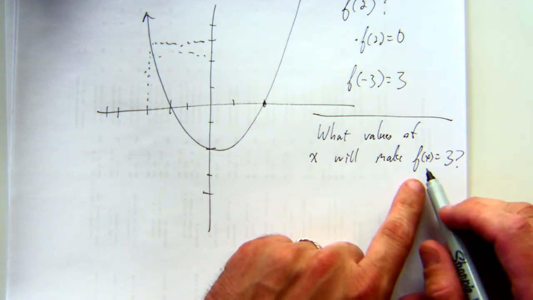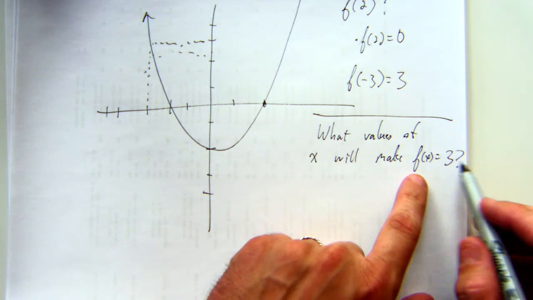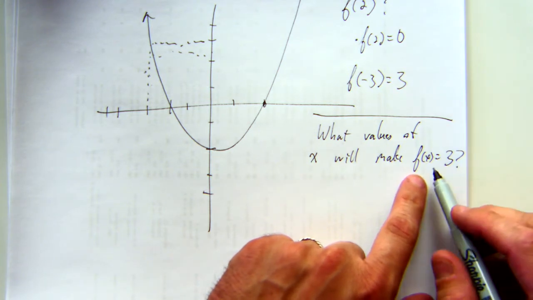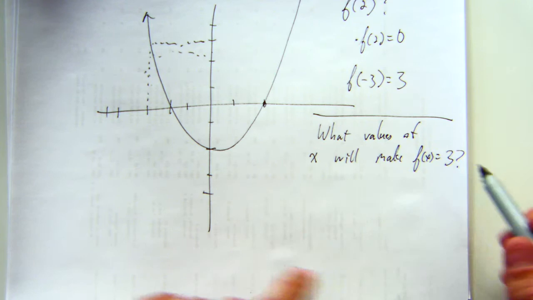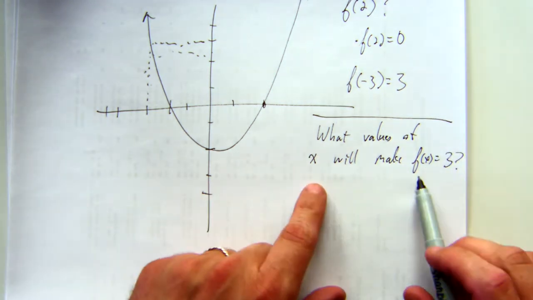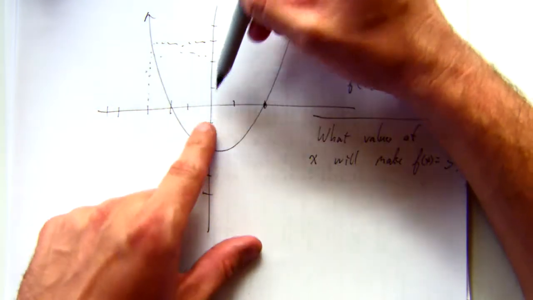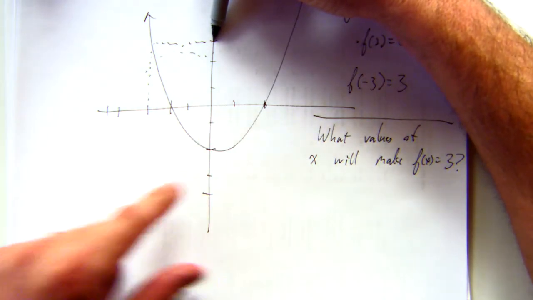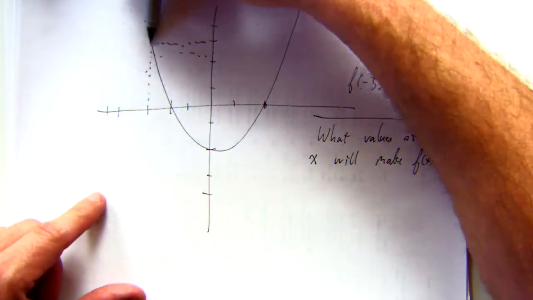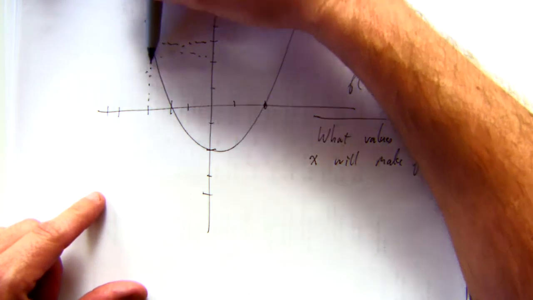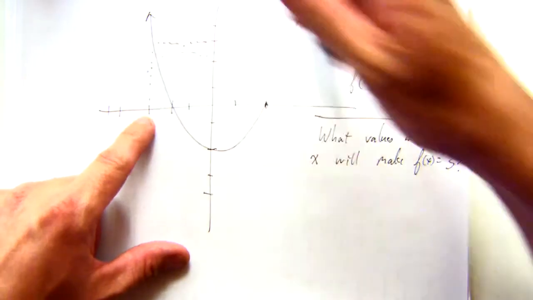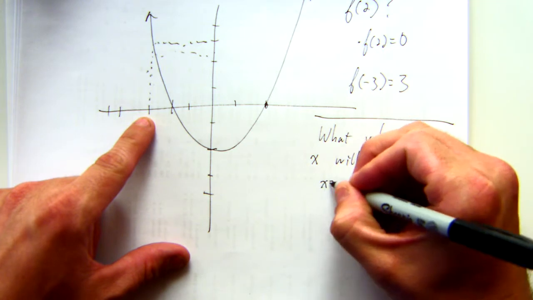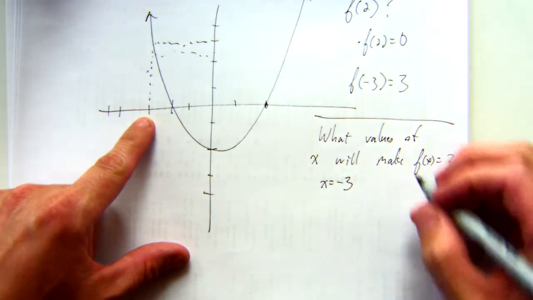So we're asking ourselves, well, y is 3, then what x's will make that y to be 3? So in this case, if it's a question like this, you start on the y-axis, at y equals 3. Then you go over to your function and then down to get your x. So x equals a negative 3.